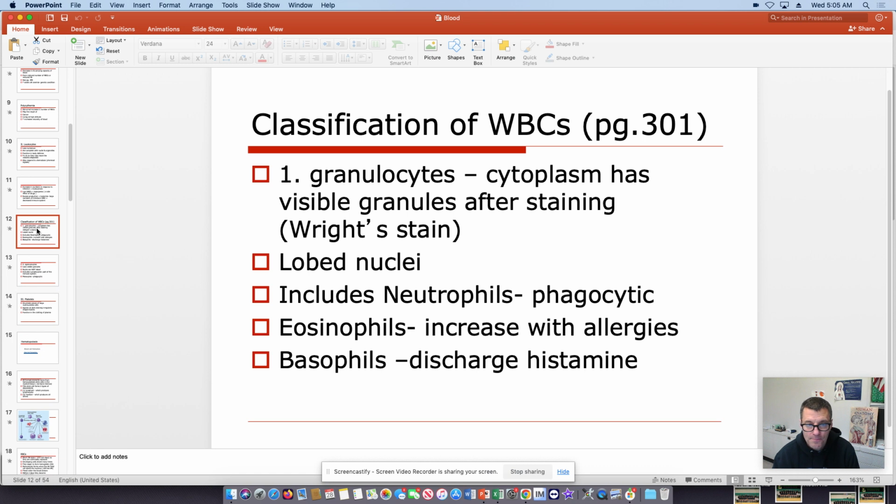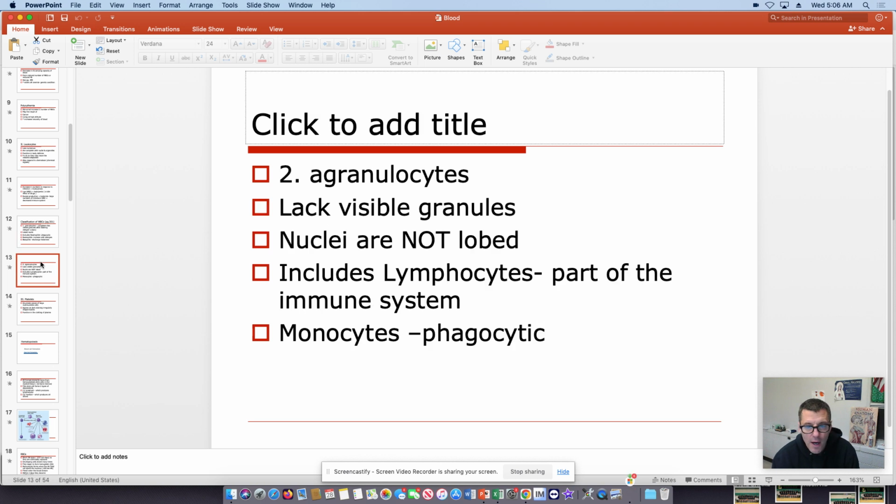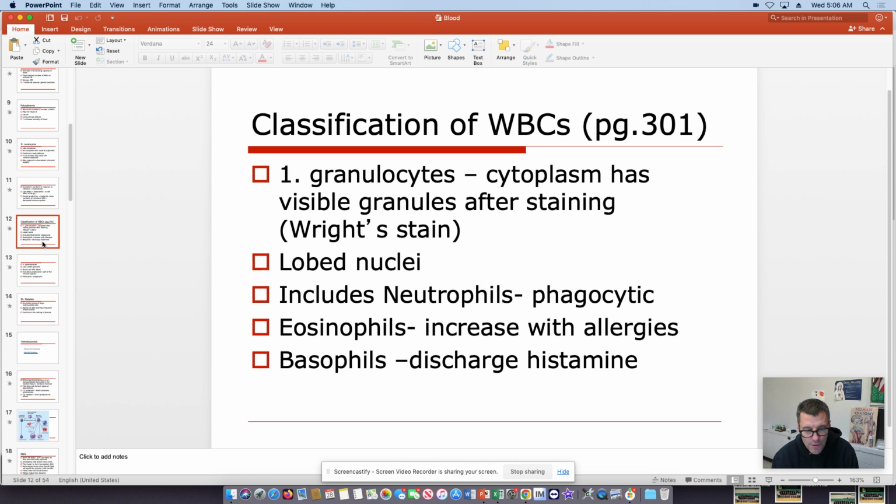A couple of categories: granulocytes and agranulocytes. Those categories are coming up on page 301. So this is the page you need to look at to follow along with those characteristics. The granulocytes include neutrophils and eosinophils and basophils, and the nuclei are lobed.